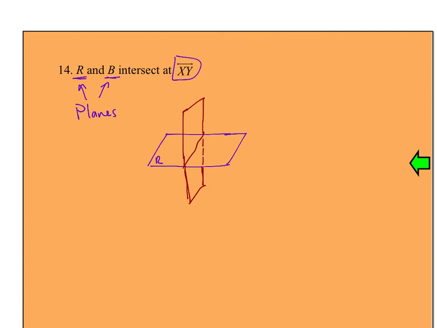All right, so I've got this line right here. Those two planes intersect, and I'm going to call this point X and this point Y. So that would be two planes that intersect at XY. That satisfies that one.